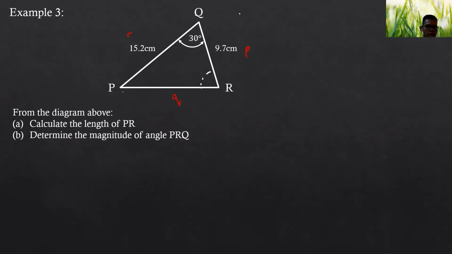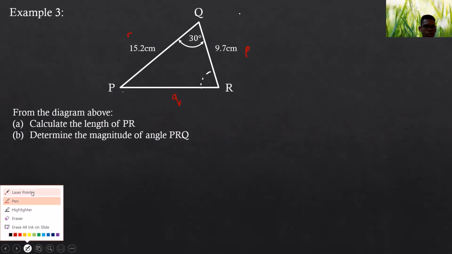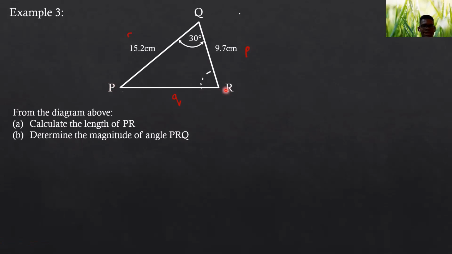Let's go and find PR. We're looking at this length, and we spot a V right away, because we have two sides and the angle in between, and we know all three of these things. We can find the length opposite this angle using the cosine rule. So right away, we know we have to use our cosine rule to find this length PR, which is small q.